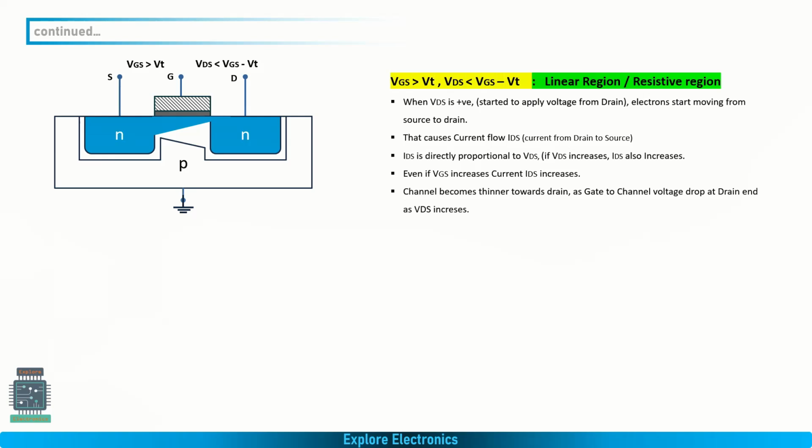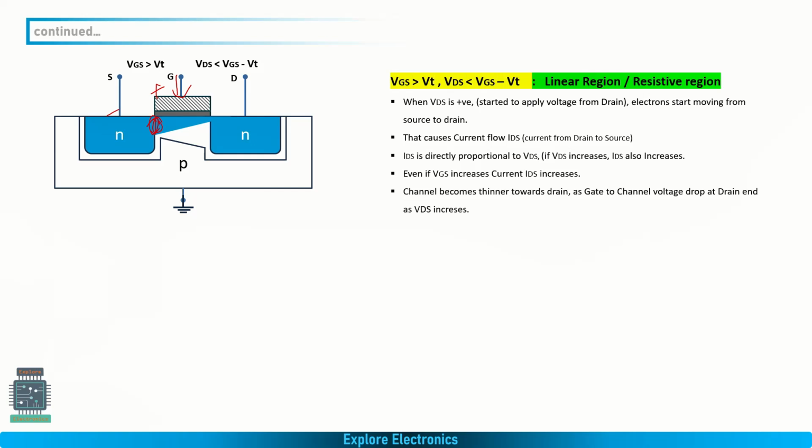The more voltage we apply from the gate, the deeper the channel will be created. This is because at the source end, the gate voltage is positive and the source voltage is negative, so a sufficient number of electrons are created.